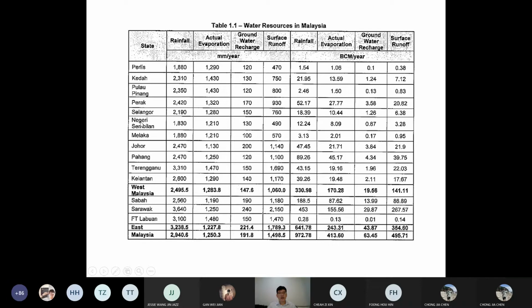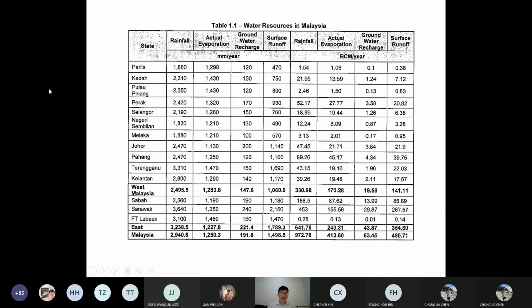You can see a part of the rainfall in Selangor becomes surface runoff, and a part will evaporate. You can see the actual evaporation is 1280. In the previous lecture, it showed you the DID has this measurement result as well. They use the evaporation pan to measure the evaporation rate.